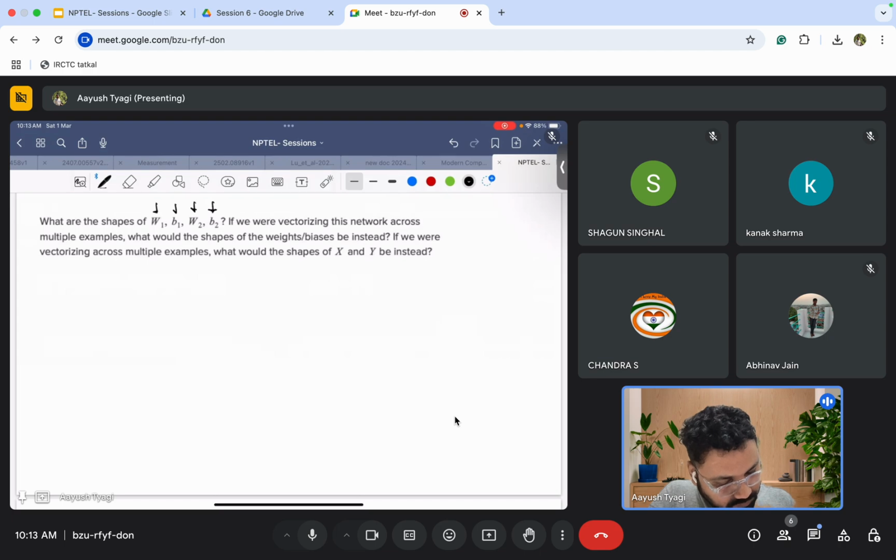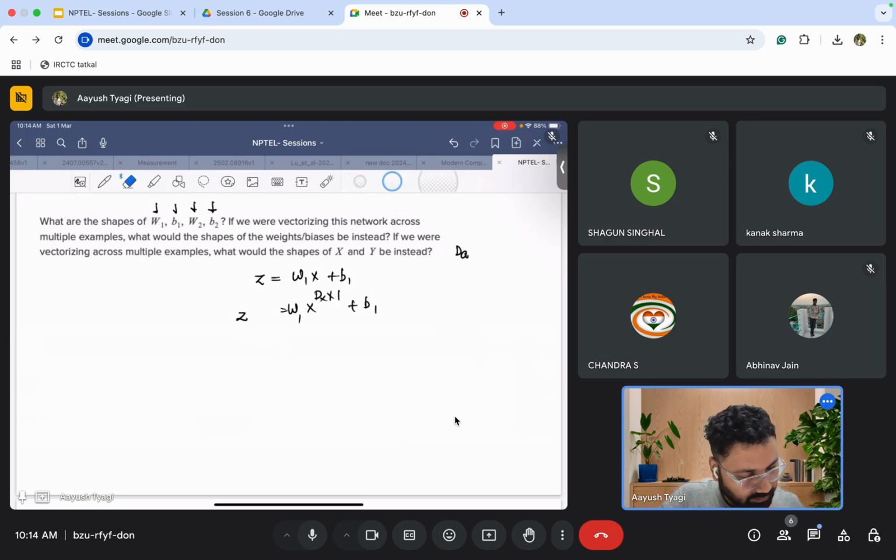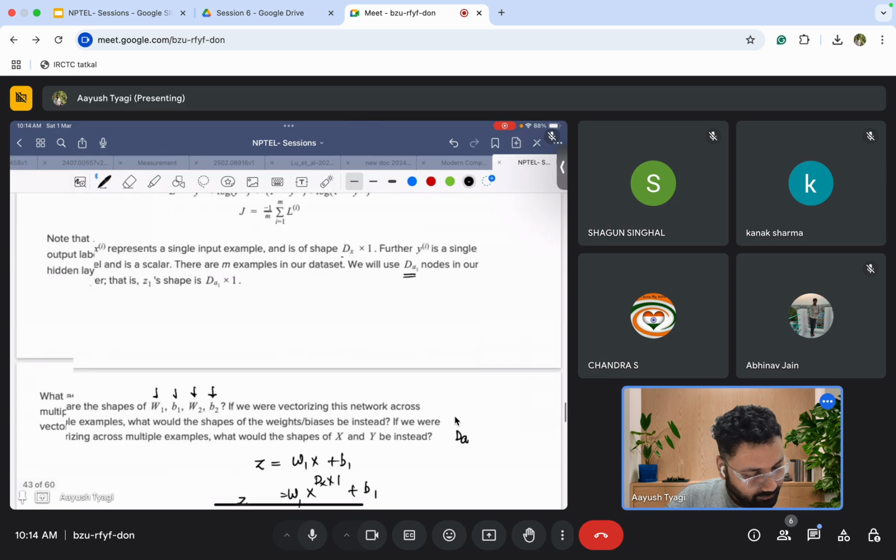Let me write it down for you: w1x plus b1, where x is dx comma 1. You have to identify the dimension of w1, where the number of neurons is dA, I guess. Yes.